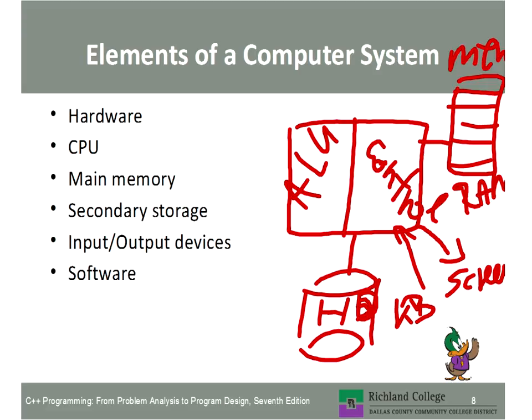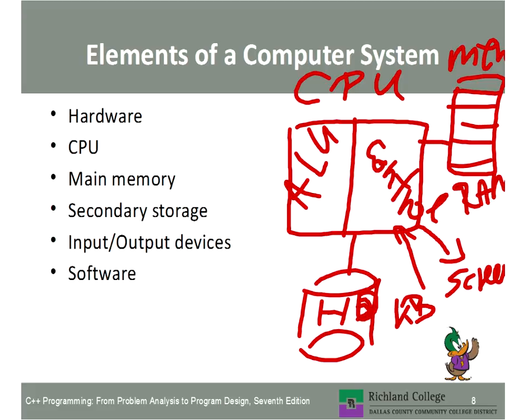RAM is for short-term storage. Hard drive is for long-term storage. RAM is also called primary storage. Hard drives, thumb drives, CDs and DVDs are called secondary storage. Input is whatever goes toward the CPU.